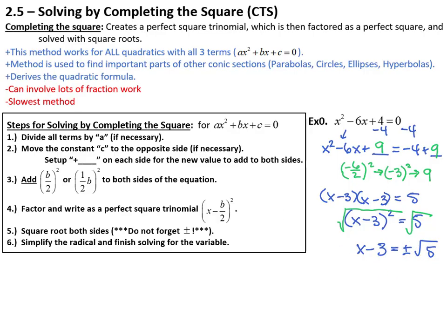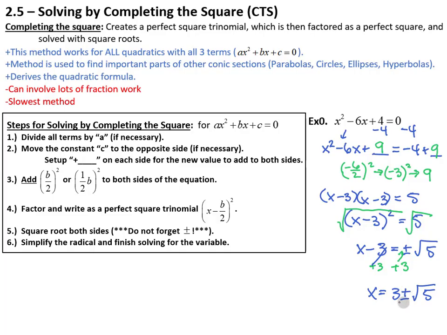And our last step is to move that 3 to the other side. So if we add 3 over, once we've set up plus or minus, this needs to stay in front of the plus or minus. So when we go to write our final answer, we should have x equals positive 3 plus or minus the square root of 5.